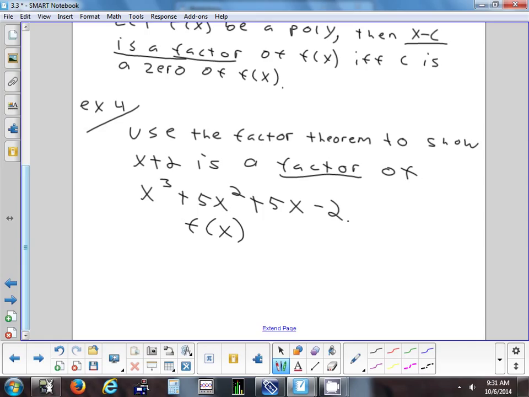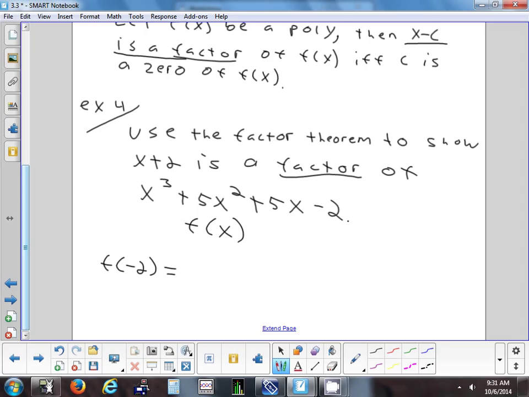What number are we going to plug into f of x to check the remainder when we divide by x plus 2? Yep, Josh? Negative 2. And what are we hoping it comes out to? We're hoping for 0.